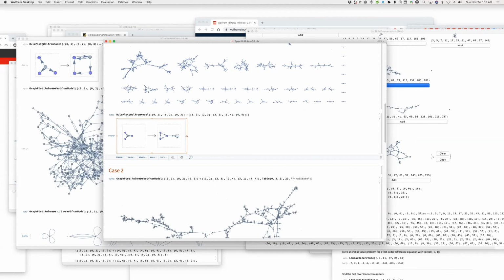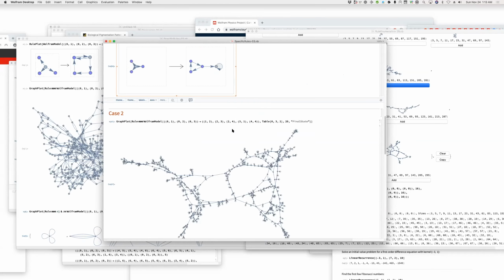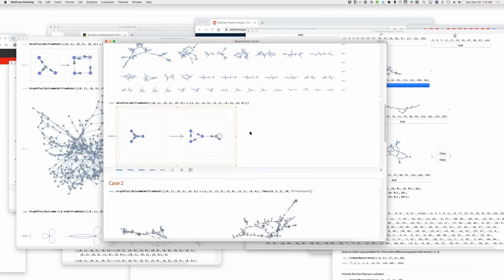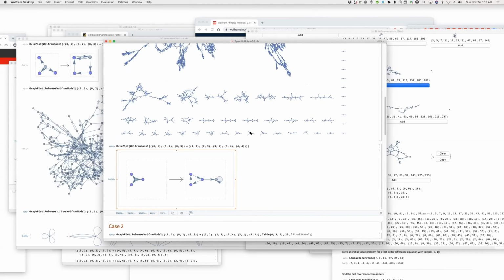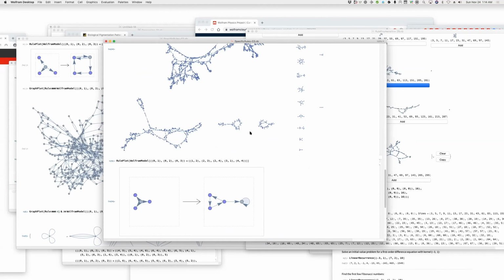What's the difference between these? 1, 2, 2, 3, 3, 1, 3, 4. Oh, I see, there's a difference. What's the difference? Can you show both of them side by side?